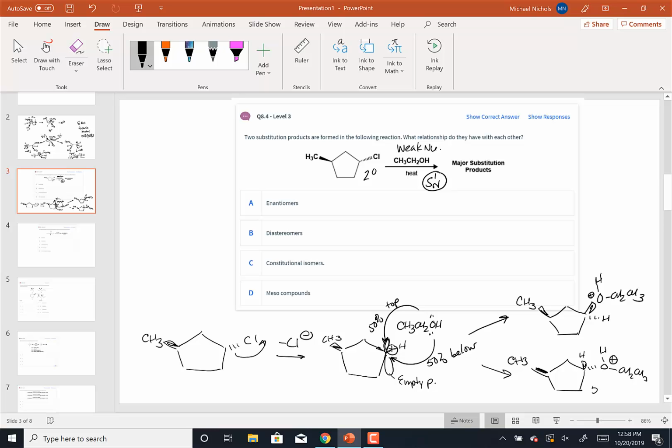So I'm going to get 50% of this product and 50% of this product from having the ethanol add 50% above, 50% below. So the final products then, when I lose my H plus in both cases and give the pair of electrons back to the oxygen, I'm going to end up with these two products.